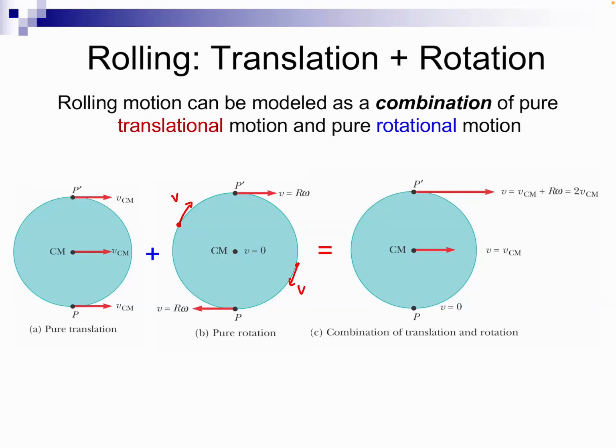It's not moving, so the velocity of the center of mass is just 0. Therefore, during rolling, the center of mass has a velocity equal to the velocity of translational motion. And at the top of the rolling object, you have a linear velocity that is twice that of the center of mass velocity.